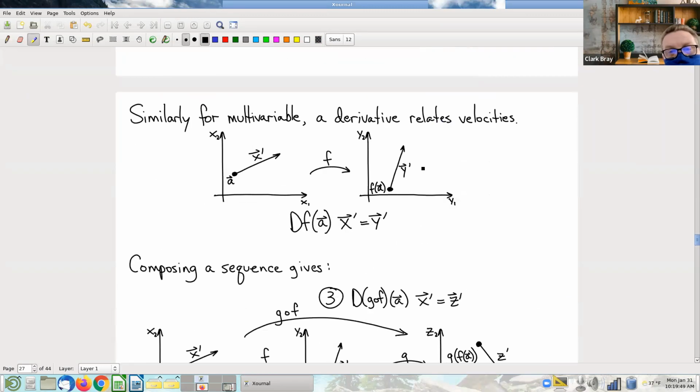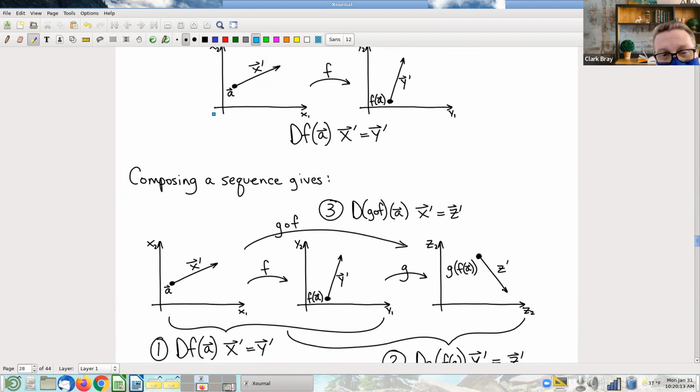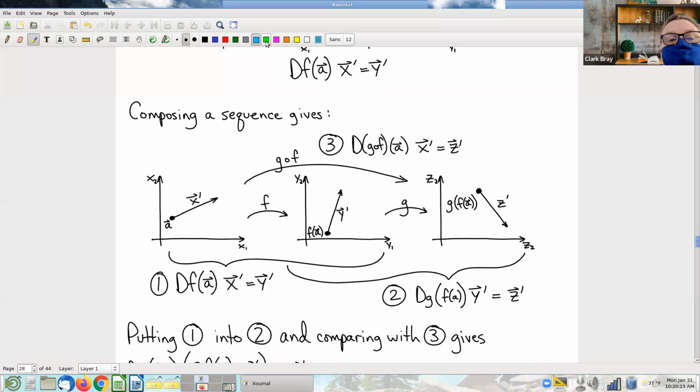And then the observation I'm going to make here in the multivariable context, the same deal. The derivative, now it's a matrix, of course, is what you multiply by an input change to get an output change. It's just that now the changes are vectors, and the thing you multiply by is a matrix, but it's still the thing you multiply by. And so really the exact same argument goes through. It's just that now these input and output changes are vectors.